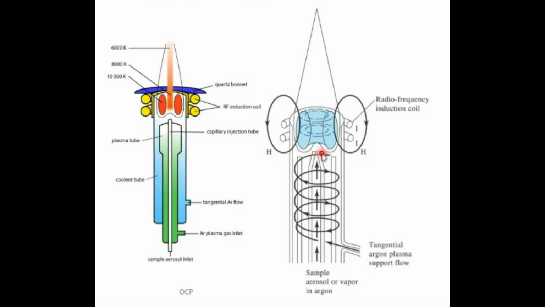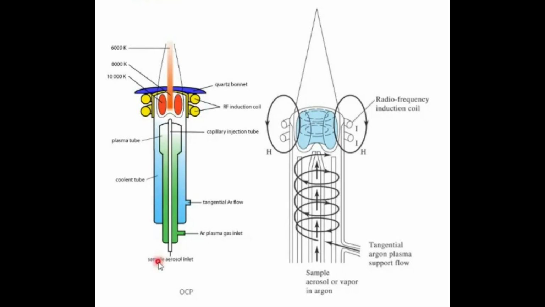Now, there are two different arrangements in these two. Here they are saying argon plasma gas inlet and tangential air inflow. They're different. You may get confused with this, but actually it is the same thing. I will tell you how.